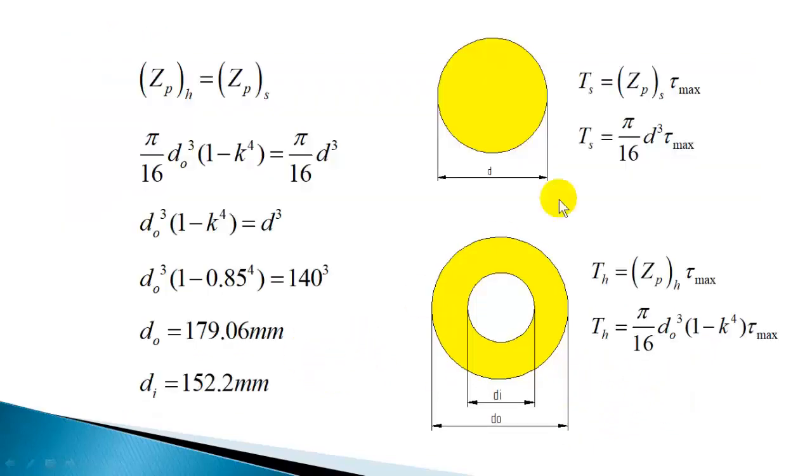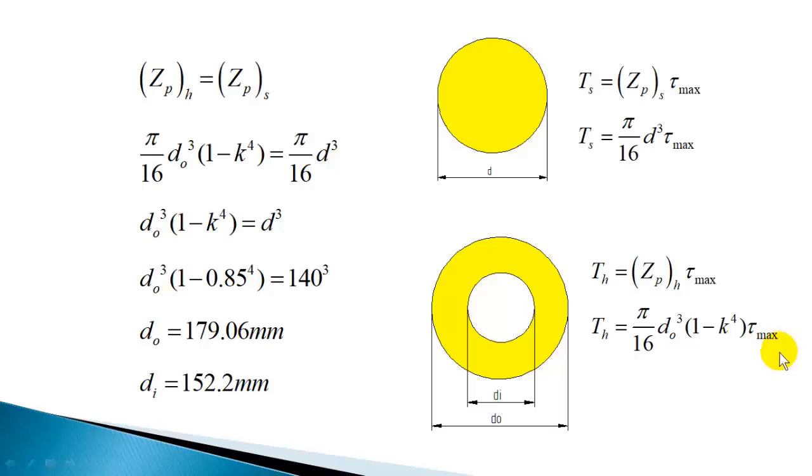Now for the replacement, the torque transmitted by the solid shaft is polar modulus into tau max. So polar modulus for a solid shaft is pi by 16 d cube multiplied by tau max. Now for a hollow shaft it is polar modulus into tau max. Polar modulus is pi by 16 d naught cube into 1 minus k to the power of 4 into tau max.